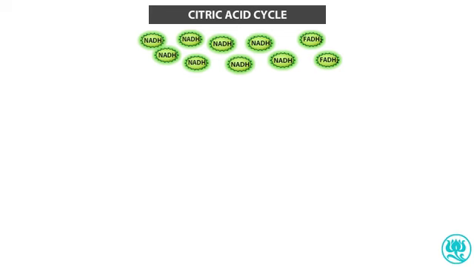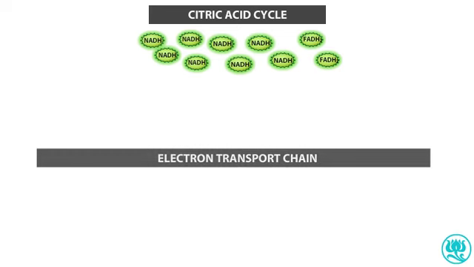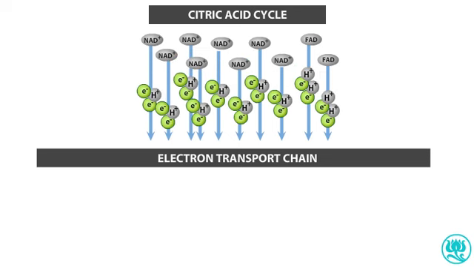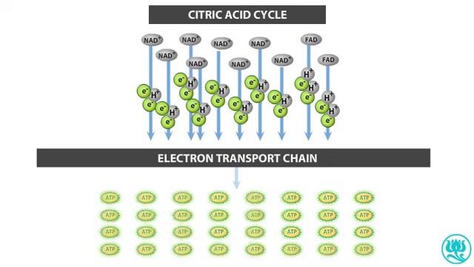These electron carriers enter the next phase of cellular respiration, called the electron transport chain. NADH and FADH2 molecules must give up their extra electrons to the electron transport chain so that they may revert back to NAD+ and FAD and help in the citric acid cycle again. The electron transport chain uses the energy from the electrons to produce a large number of ATP molecules.